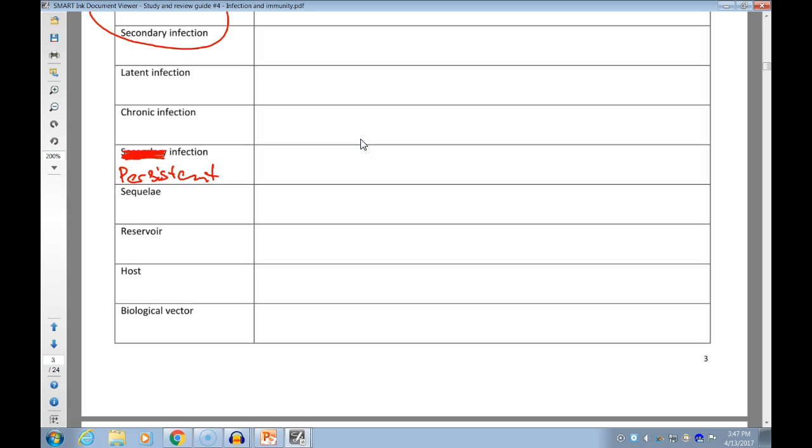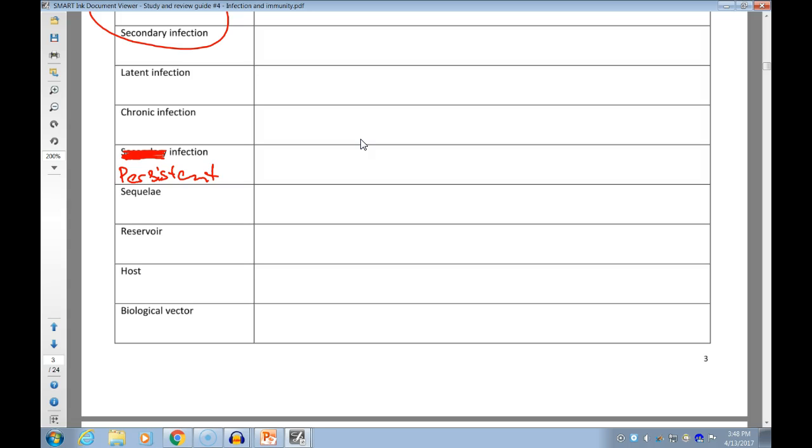The difference between reservoir and host. It's a very thin line. What's the major difference? If we get rid of the host, is it going to affect the microbe severely? If we get rid of the reservoir, yes.